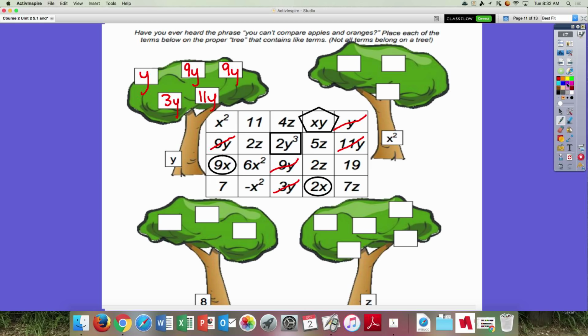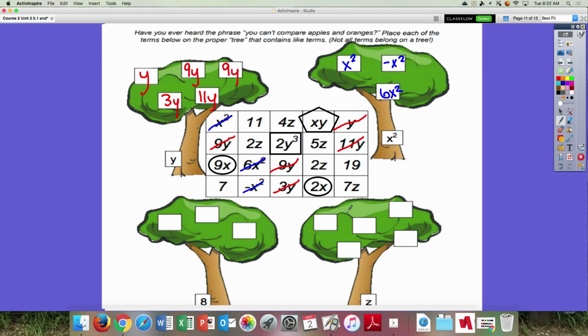Okay? Next one. Let's do x squared. So where do you see any x squareds in here? Well, there actually is another x squared. There is a negative x squared. And what's my last one? 6x squared. All right, let's skip 8.